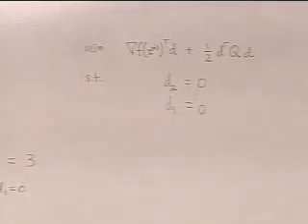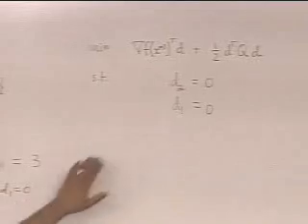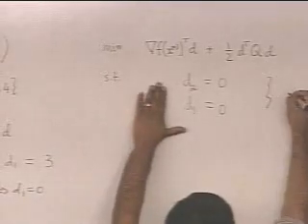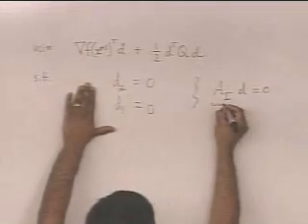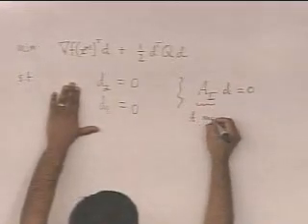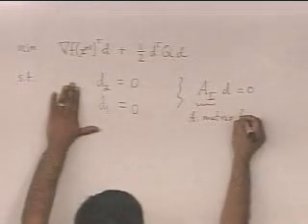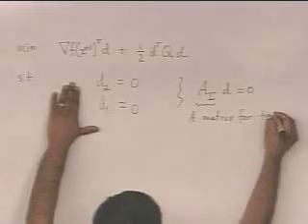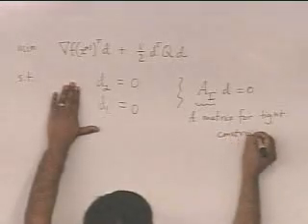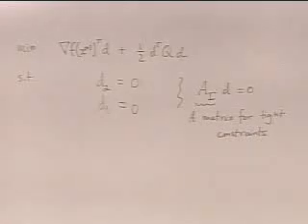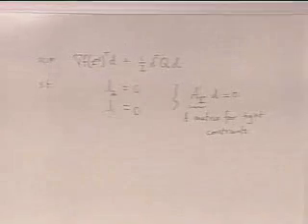All right? So this is something that you should keep. This is a simple pattern that should become obvious to you. This particular constraint always looks like A_I d equal to 0. You look at the A matrix for tight constraints: look at the constraint matrix, pick out the rows corresponding to the tight constraints, multiply that with the vector d and set it equal to 0.